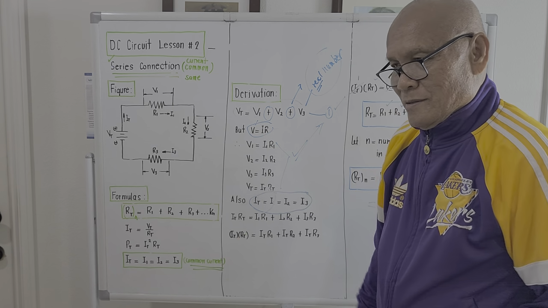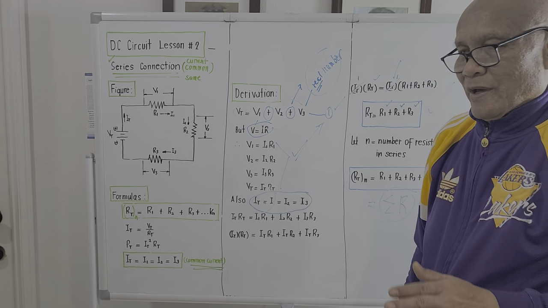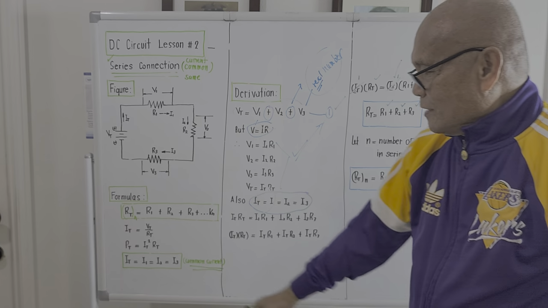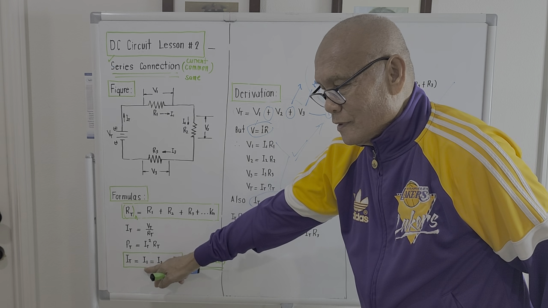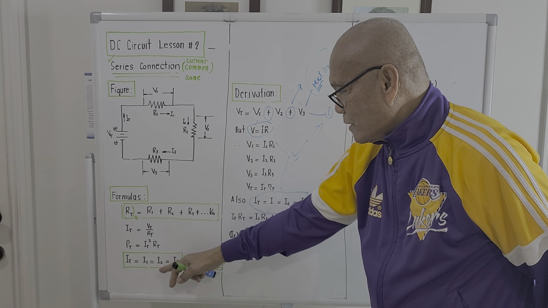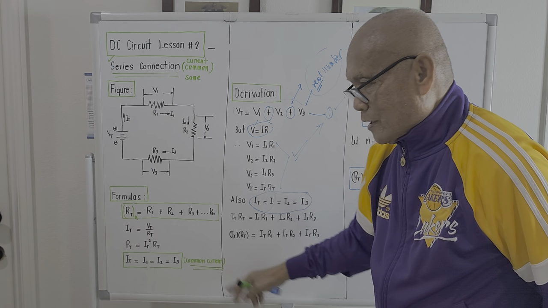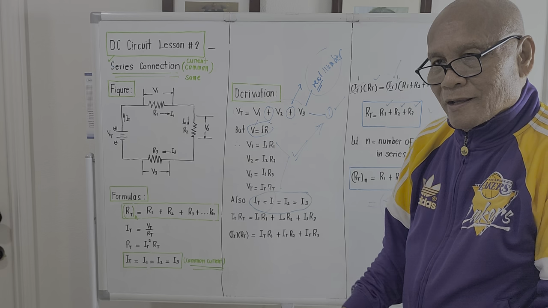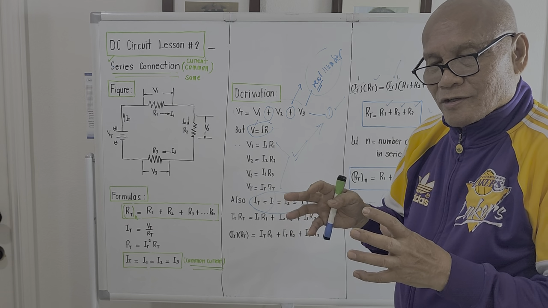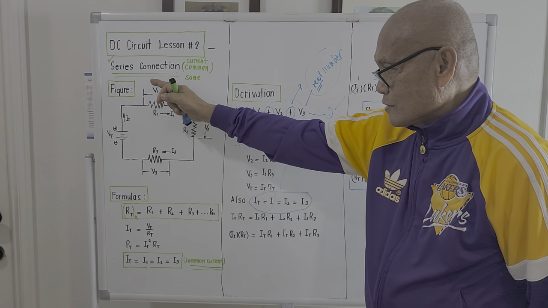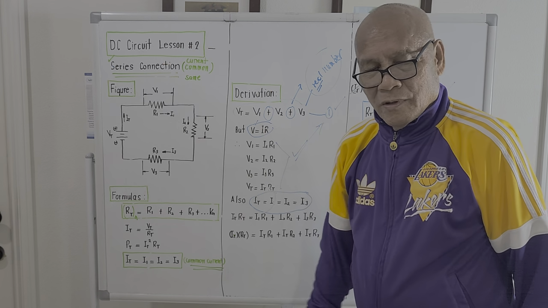And the other marking or property for it to be a series connection is that the total current is the same as I sub 1 equal to I sub 2 equal to I sub 3. This is the so-called common current, meaning the current passing through all the resistances is actually the same for it to fall under series connection.